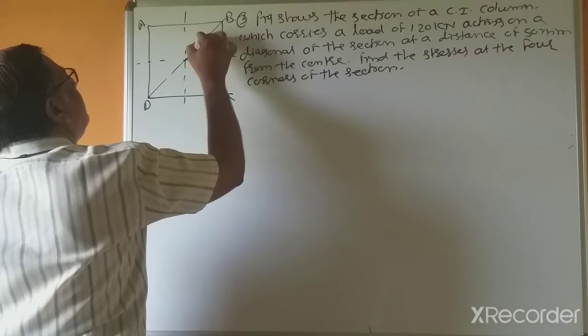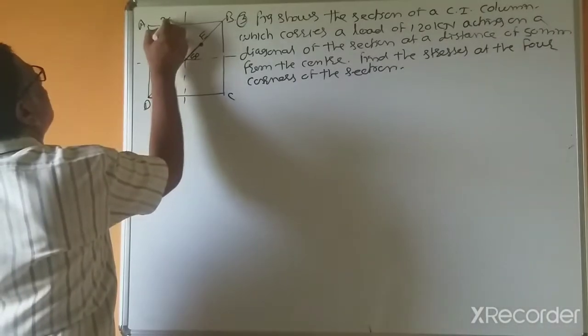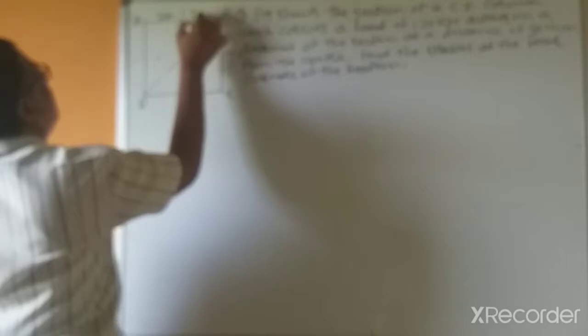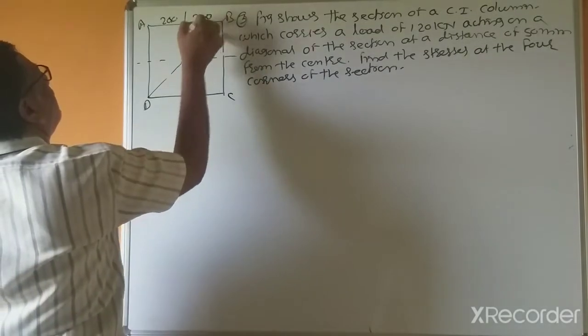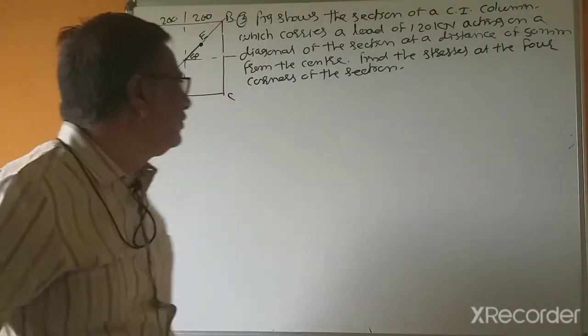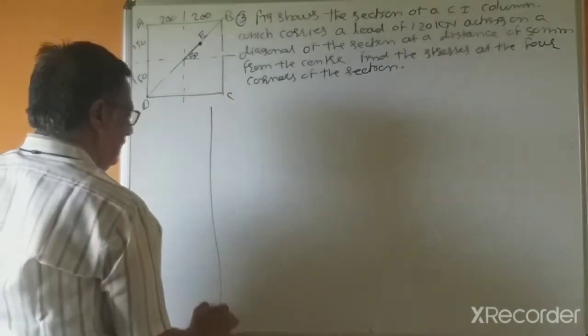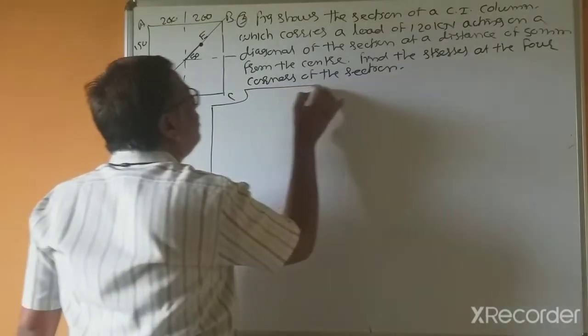This is the load point, and this distance is equal to 50. The dimensions are 200, 200, 150, 150. And that's why we require, I think, more space.